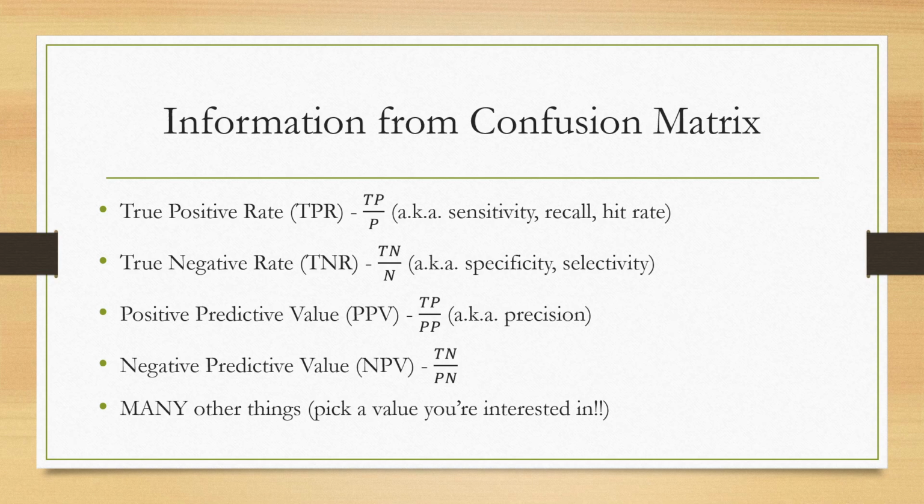Now, we can't calculate incidence here because incidence is the number of people who get the disease in the course of the period of evaluation. So because this data isn't over time, I can't calculate how many people got the disease over the time. We'd need a before and an after or some kind of interval to determine how many got it. But we can calculate prevalence from a confusion matrix.